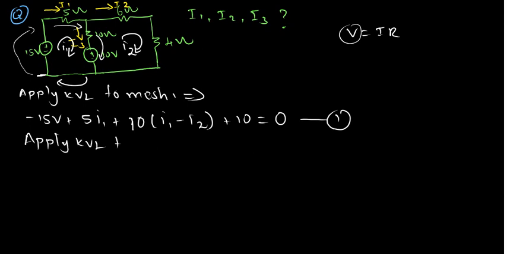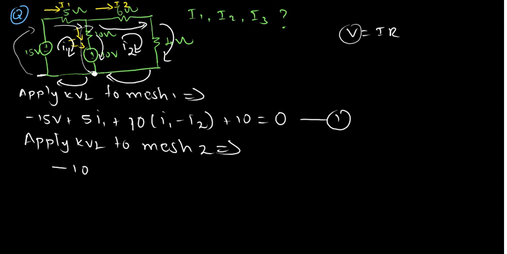Then apply KVL to mesh 2. Let's start here and go around. When I start here, there is minus 10 volts, plus 10 times (I2 minus I1) across the 10 ohm resistor, plus here 6 I2, plus here 4 I2, equal to 0.